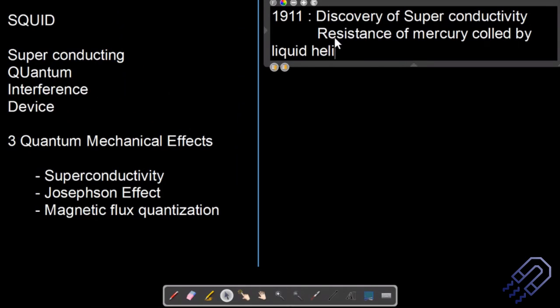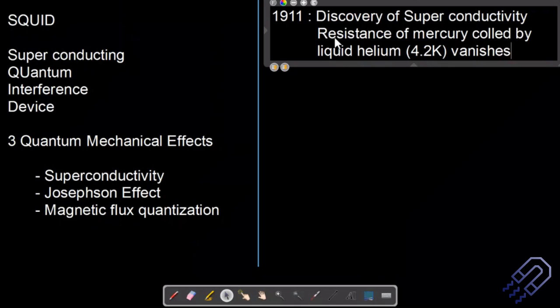Liquid helium can cool further, which cannot be done by liquid nitrogen. So if we use liquid helium, it can be cooled to around 4.2 Kelvin. Achieving 4.2 Kelvin is really difficult. The resistivity vanishes.